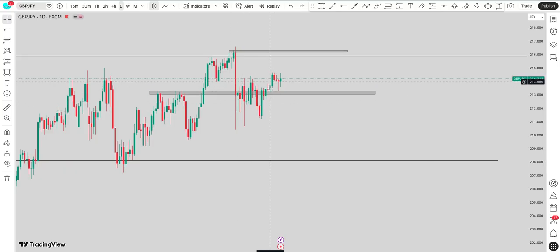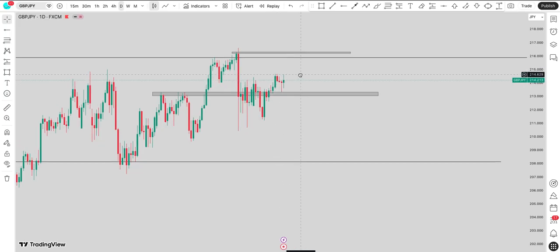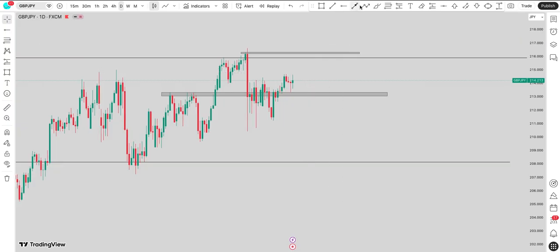And this is the trade I took last week around here that stopped me out. So I'll be interested in taking buys in this market. So for now, I'll be expecting GBP JPY to keep going bullish.